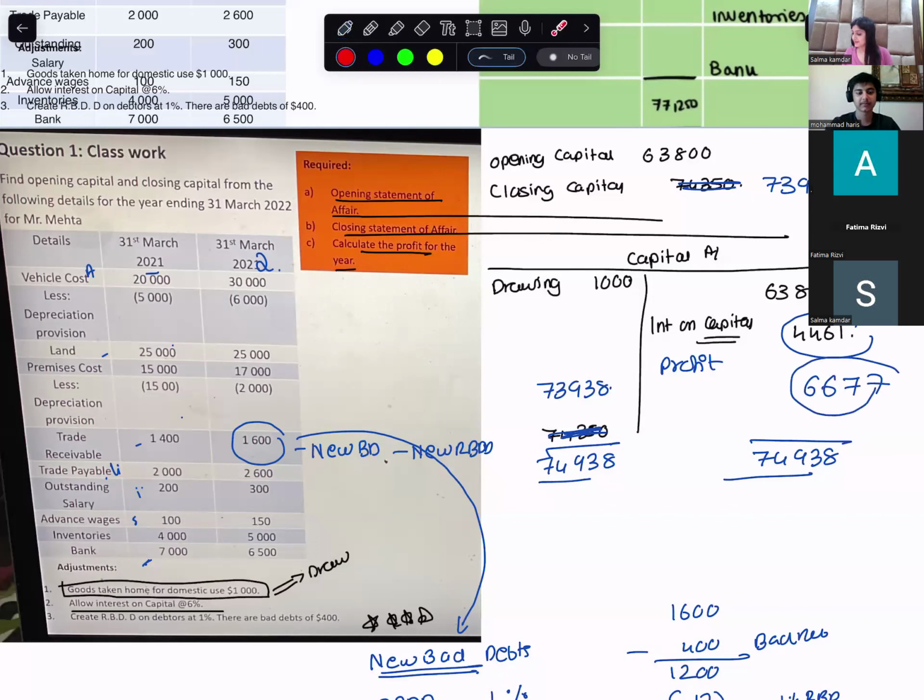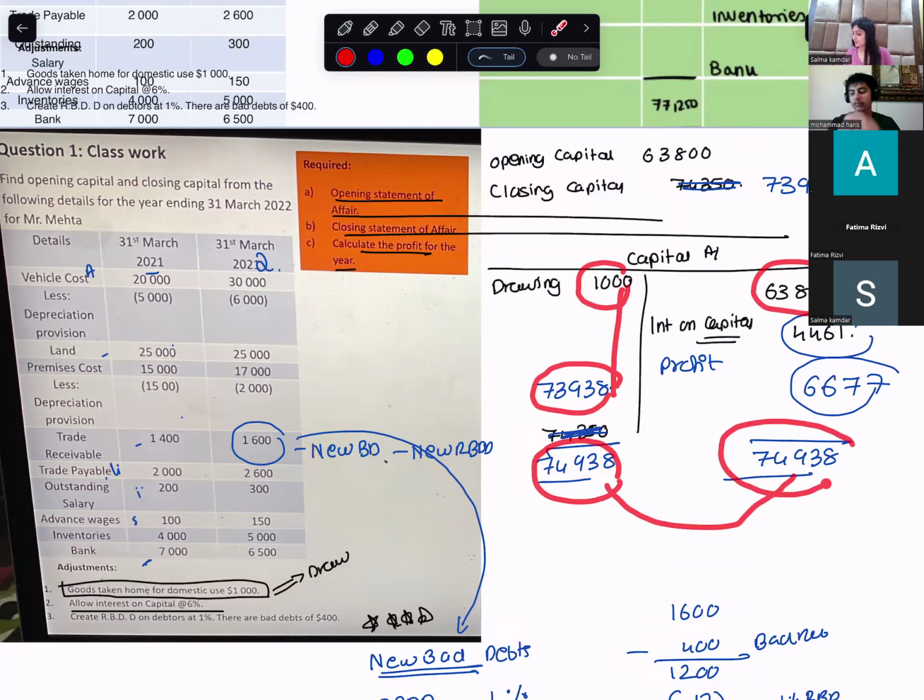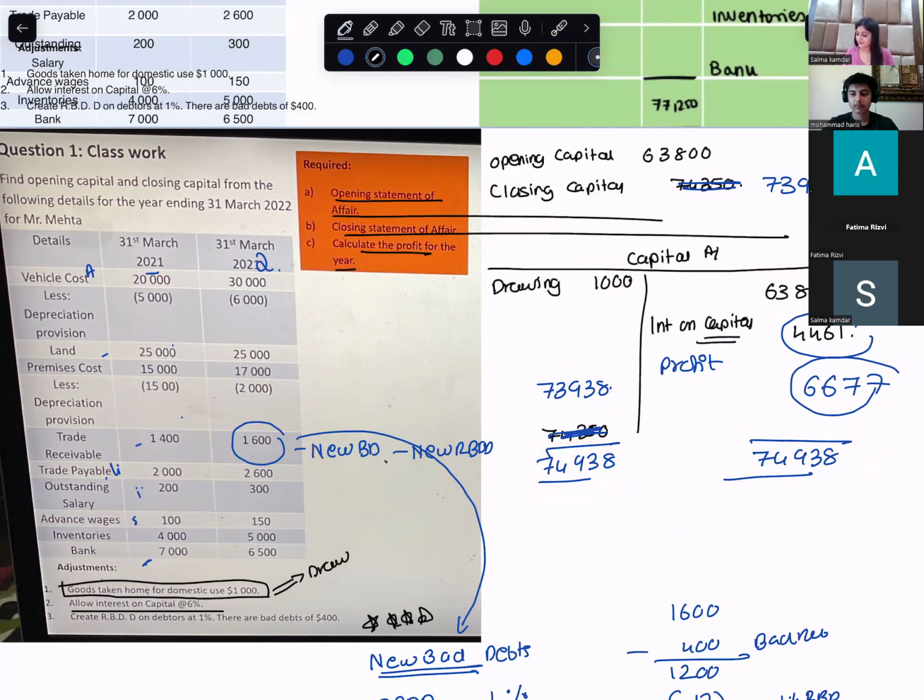So you had your opening capital here, you had your closing capital here, you had your drawings here. You added both of these, you came at this figure, and you write it at both the places. From this, you will subtract your opening capital, you will subtract your interest on capital, and you will get profit as your balancing figure.